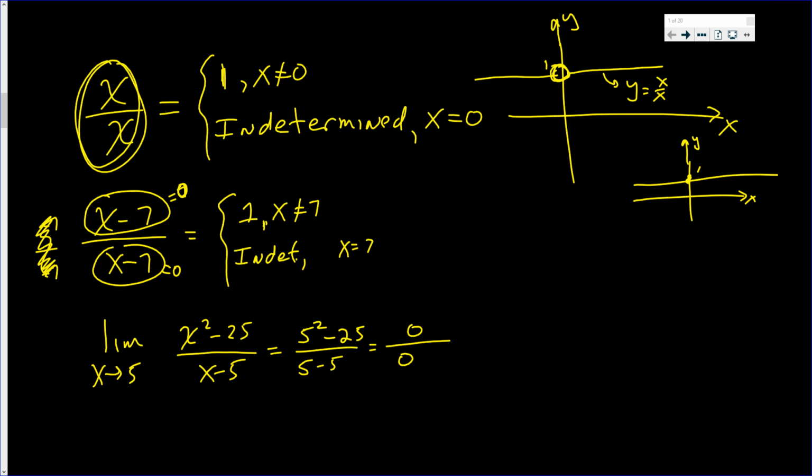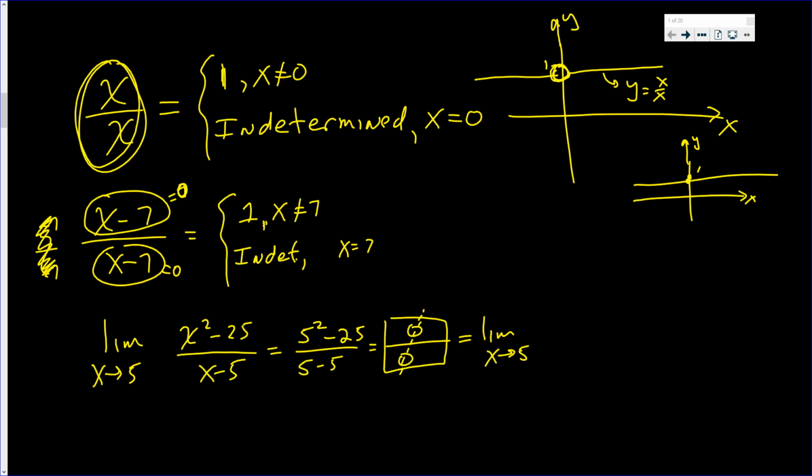Here maybe factoring would have helped. But many times, you'll just get 7 over 9, and there was no need to factor. But let's be very clear. If you get 0 over 0 by direct substitution, it means that you have to do something. Somehow you want to cancel out 0 over 0.